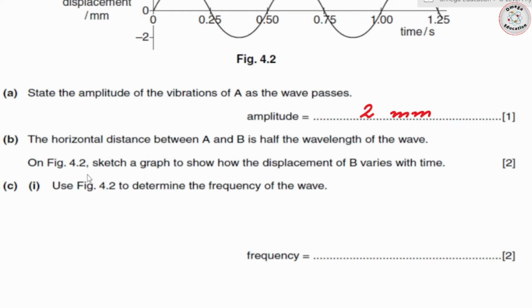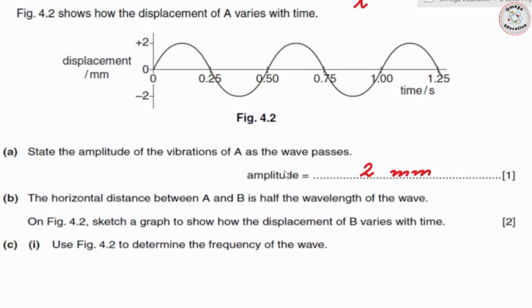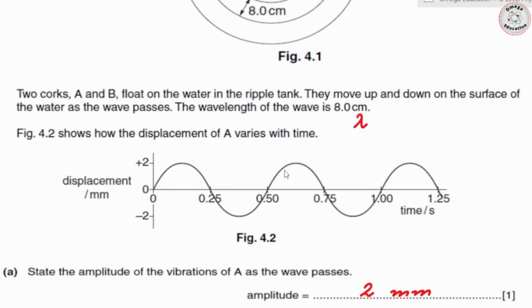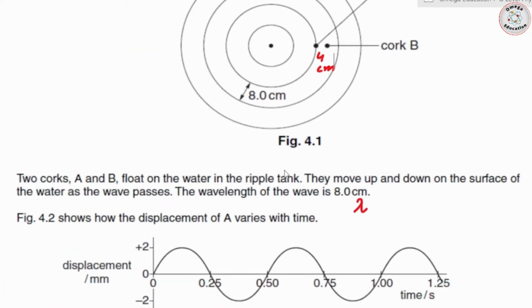On figure 4.2, sketch a graph to show how the displacement of B varies with time. Since these are half the wavelength apart, if there is a crest on the cork A, then cork B would be having a trough. Because half the wavelength means it would be exactly the opposite thing going on for the other one.